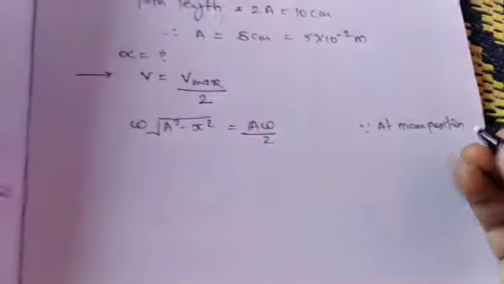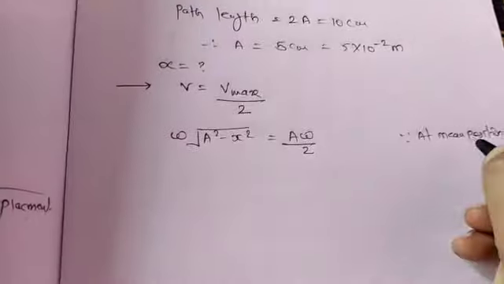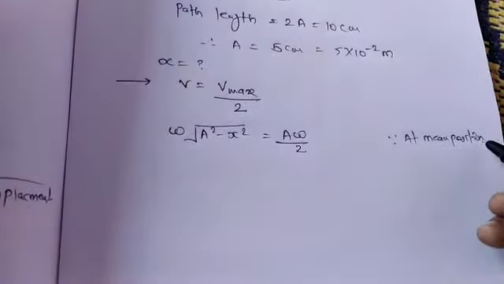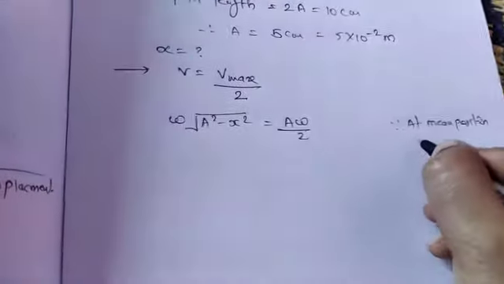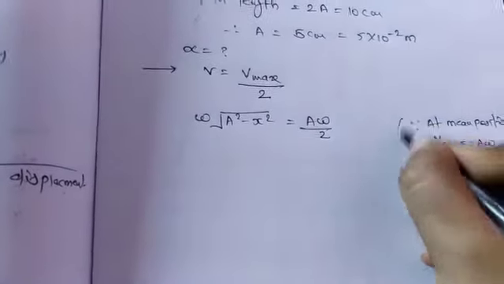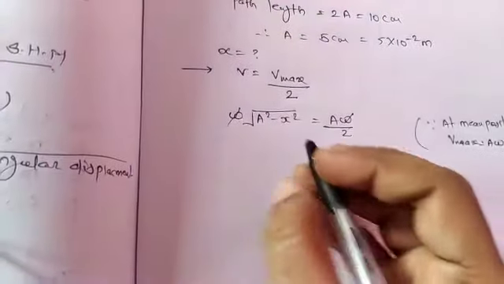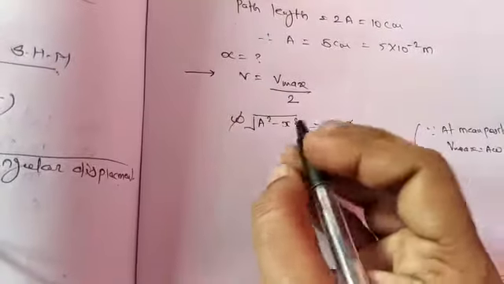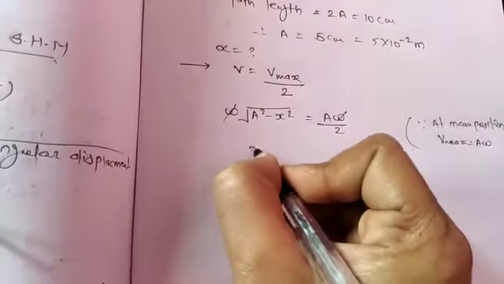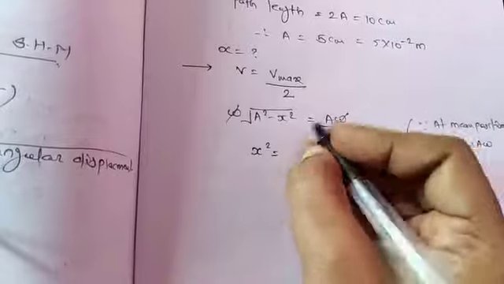We have seen this in the theory. First, for solving the problems, you have to go through the concept, then learn the formulae, and then try to solve the problems. V max is equal to A omega here. So this omega will get cancelled, and we square on both sides.